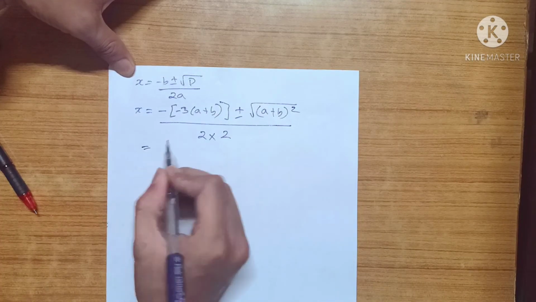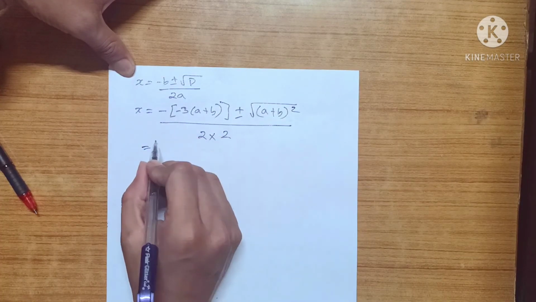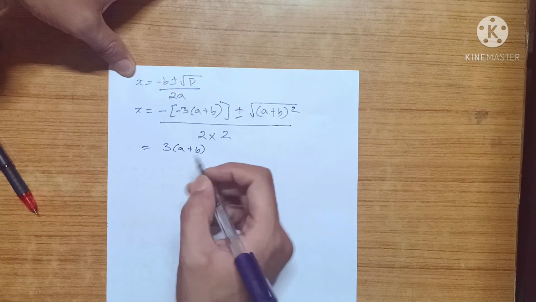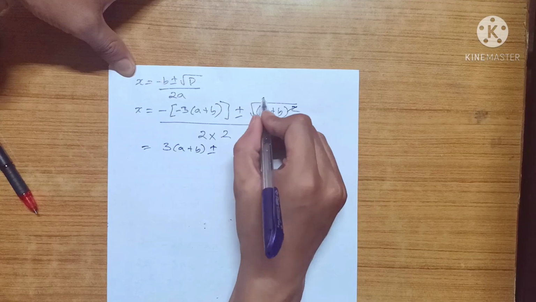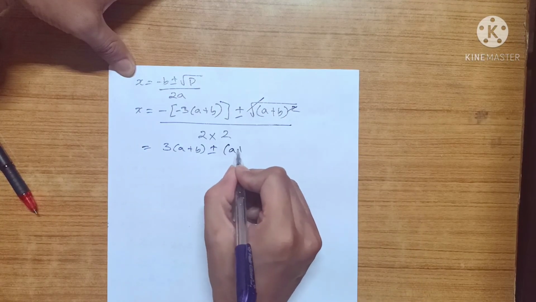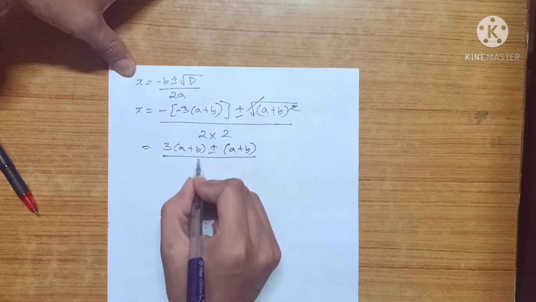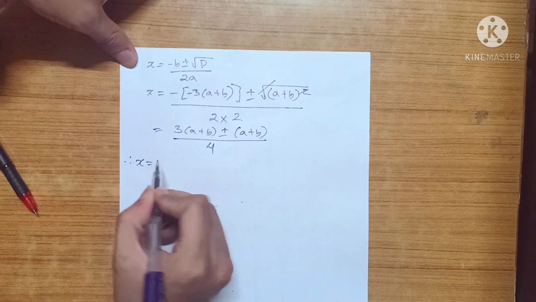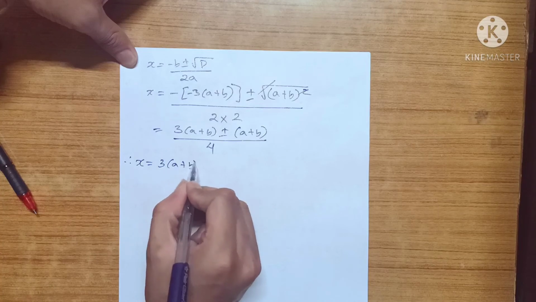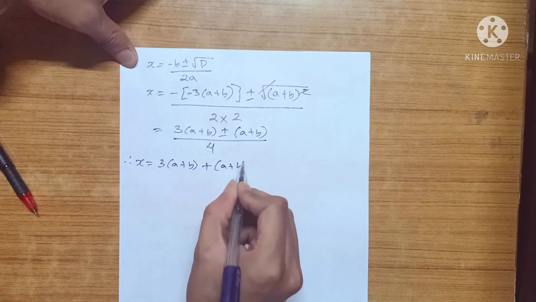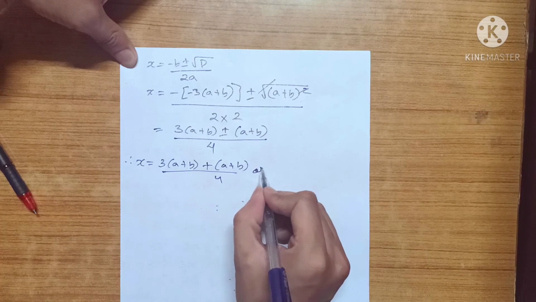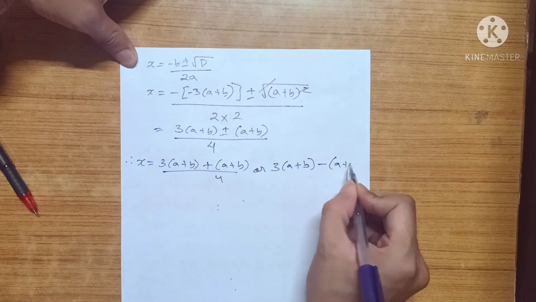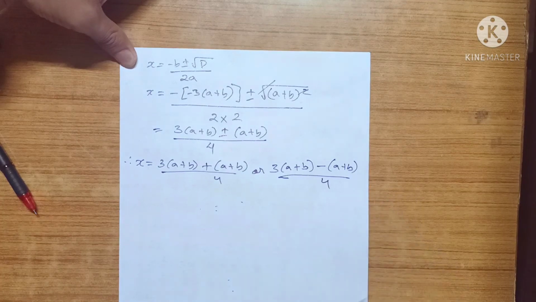Now if I open this bracket, this minus will come here and it will become plus. I'm not going to open this bracket. Plus minus root, and square and root can be cancelled, so a plus b is left. From here, 2 into 2 is 4. Therefore x equal to 3a plus b plus a plus b by 4, or 3a plus b minus a plus b by 4.